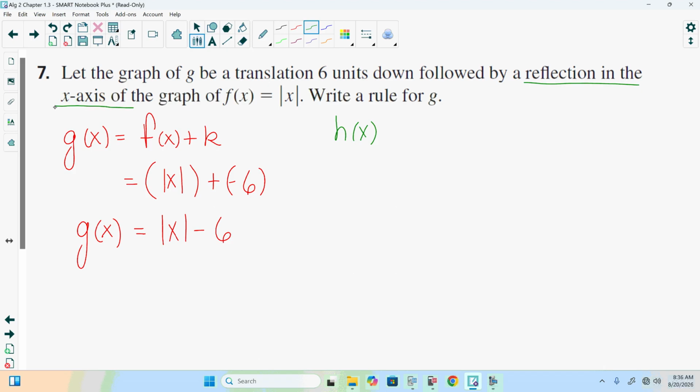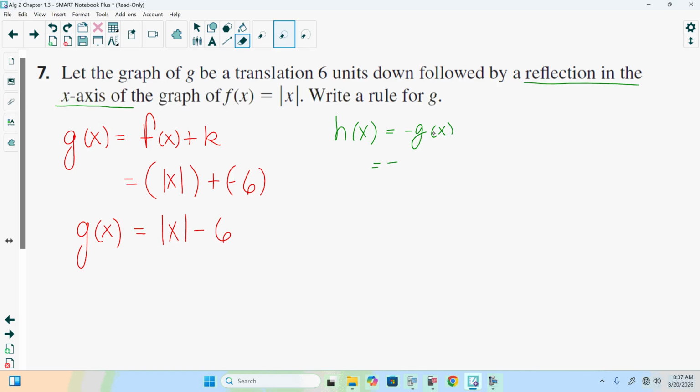What's the general form for reflection in the x-axis? Negative f of x. So, negative f of x, but we're going to apply it to g, so we'll say negative g of x. But again, the naming, as long as you are keeping it straight, that is more important. I am not counting off points, especially if you wrote h of x equals negative f of x.